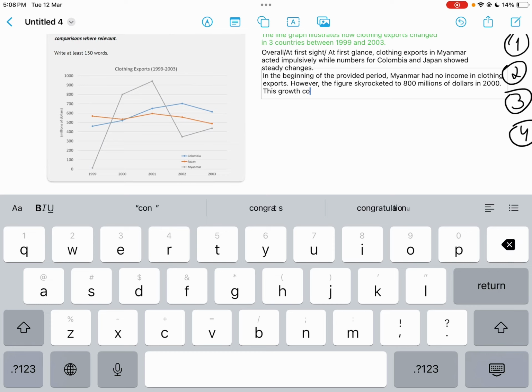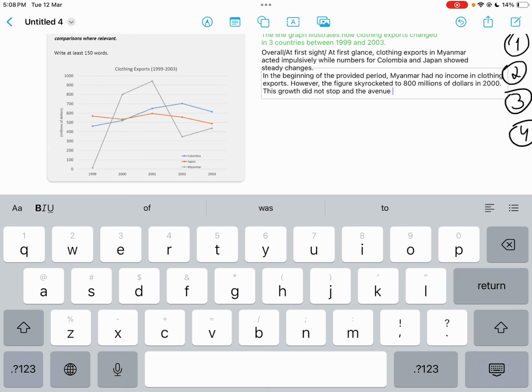Yeah, let's write this growth did not stop, and the income from clothing exports, or let's write the revenue. Revenue means money that was earned.